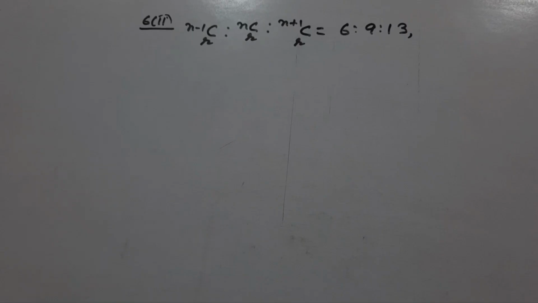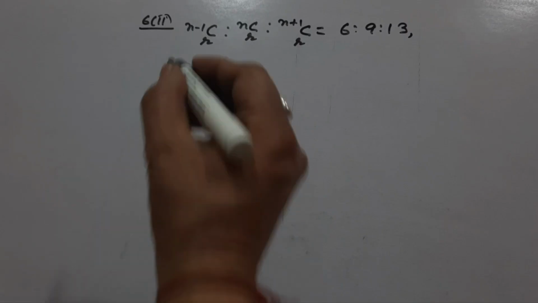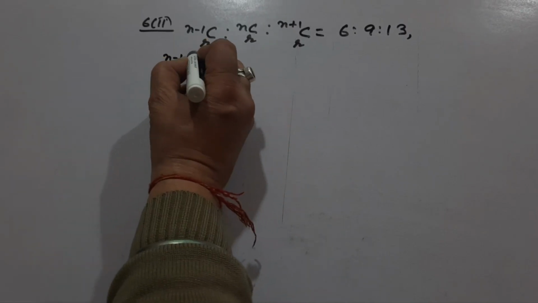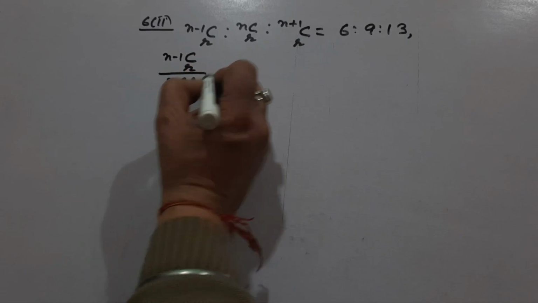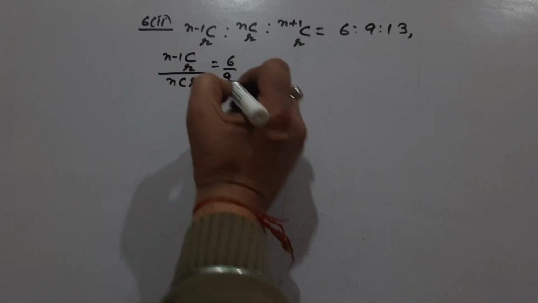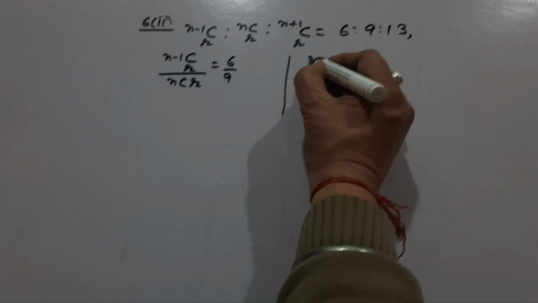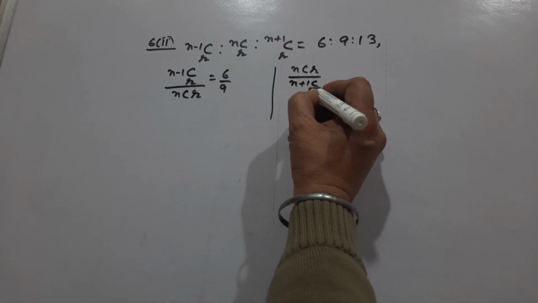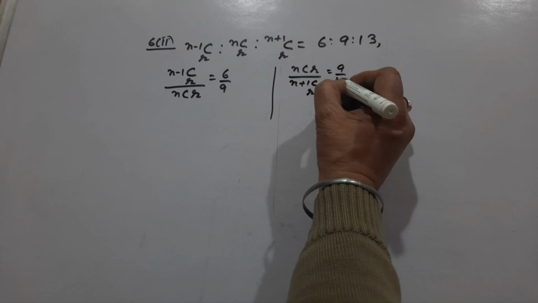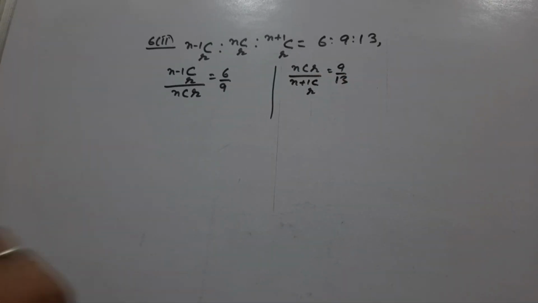Find out n and r. So first of all, we can write n minus 1 CR upon NCR equal to 6 by 9, and here we can write NCR upon n plus 1 CR equal to 9 upon 13, right?